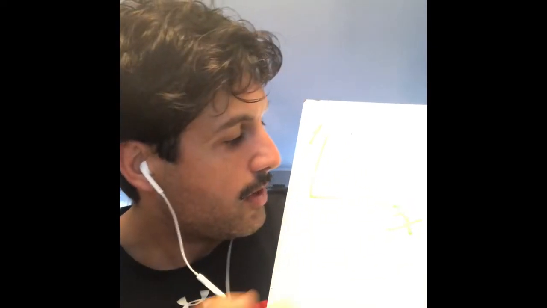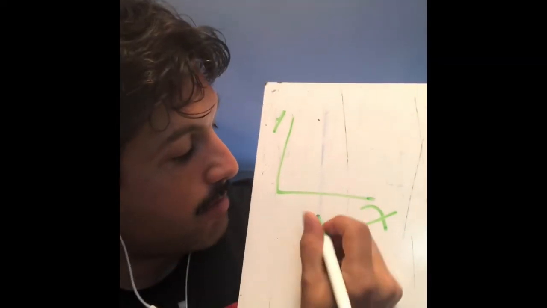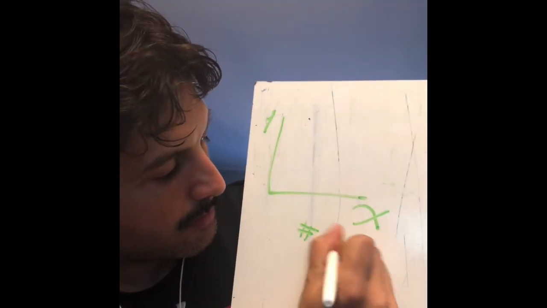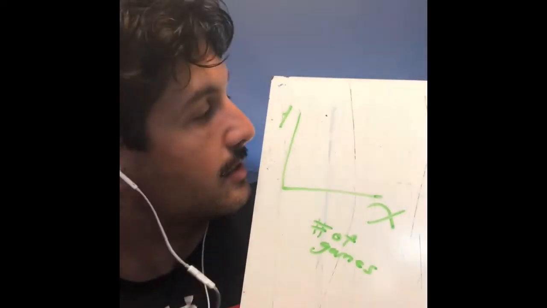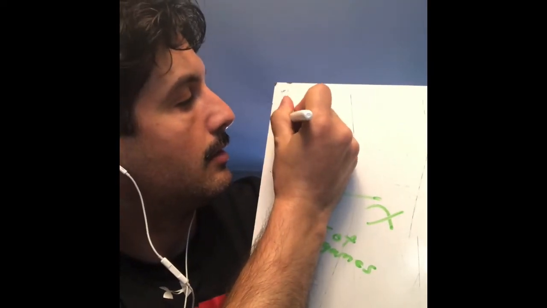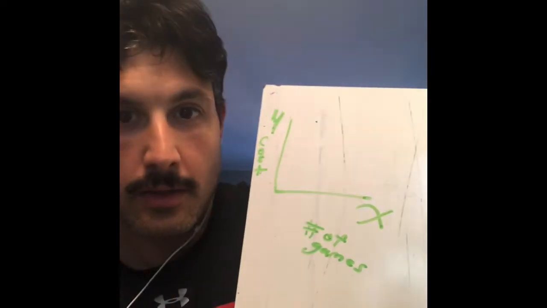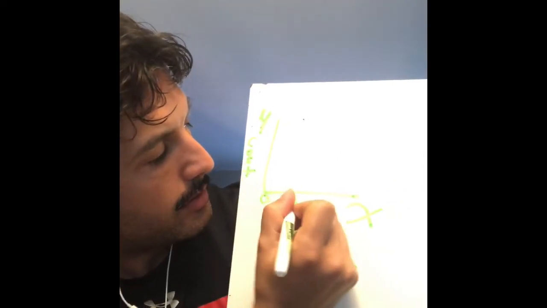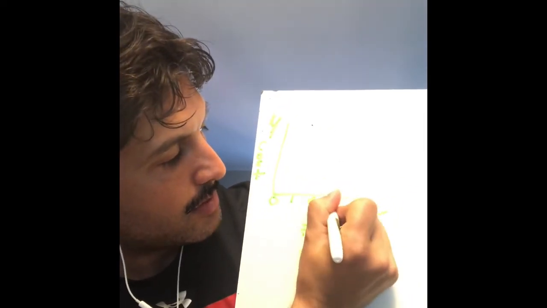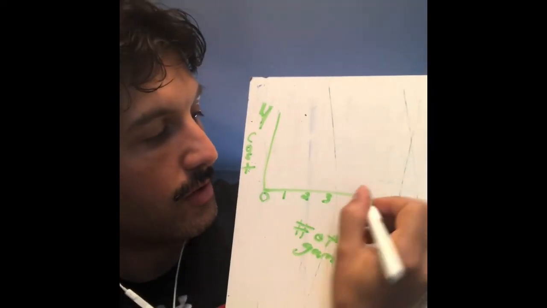Okay, the last part of this bowling question asks you to graph it. So our x-axis is the independent, and we have number of games. And the y is the dependent, and that is the cost. So you're going to start with 0 games, then 1 game, 2 games, 3 games, etc. So 0, 1, 2, 3 continues indefinitely.